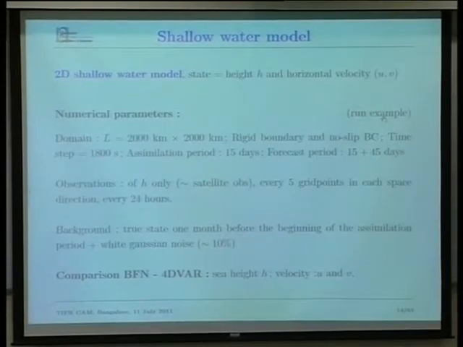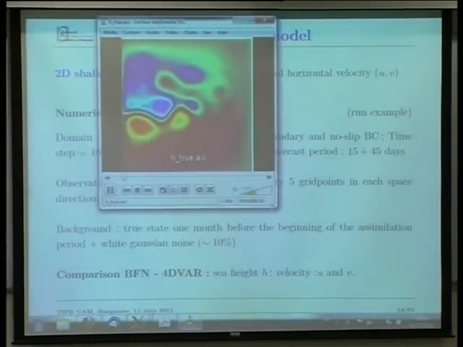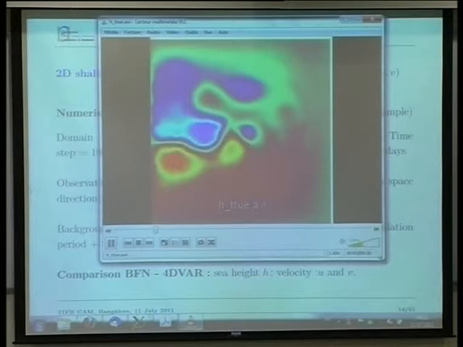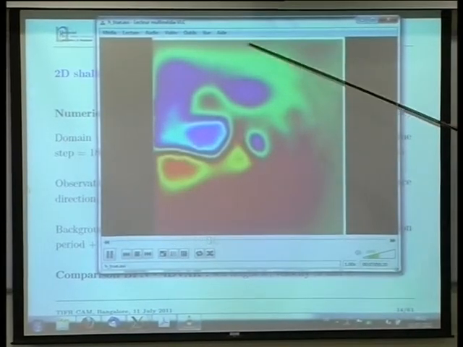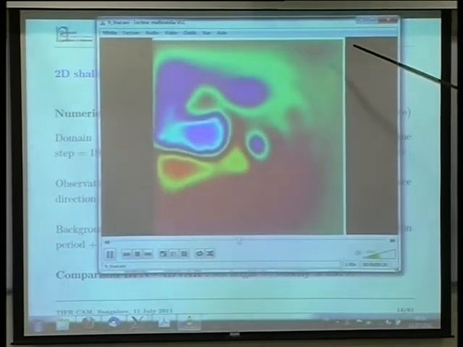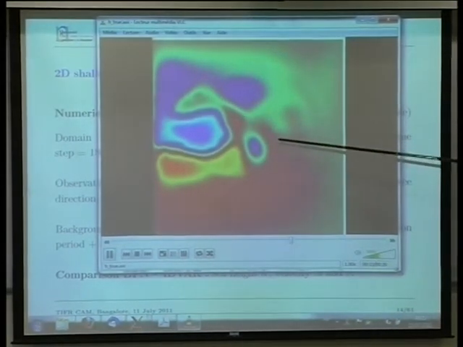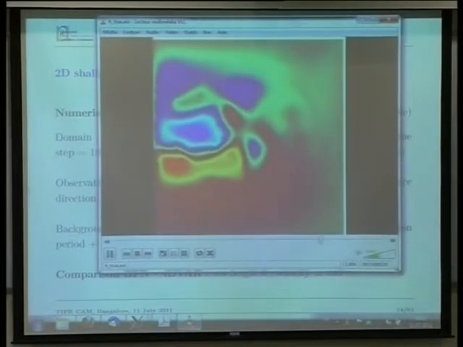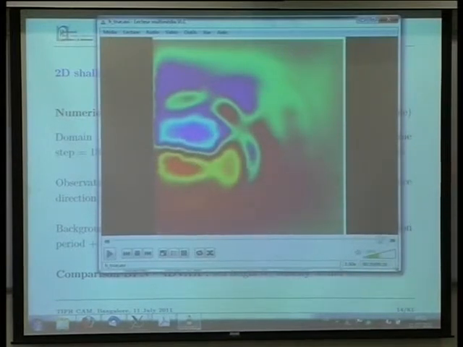So h is the sea surface height, and you have two components of the velocity. This is an example of a model run. So this is the ocean, and here it's the sea surface height. Green is the mean height. Blue is lower than the mean, and red is larger than the mean.